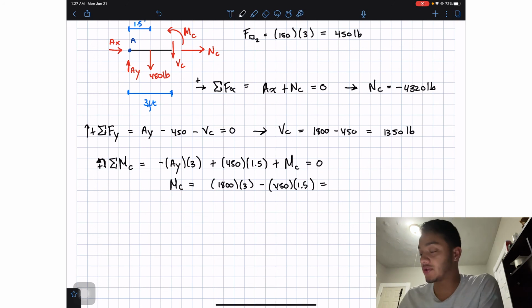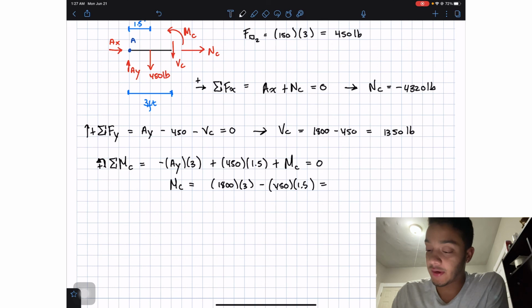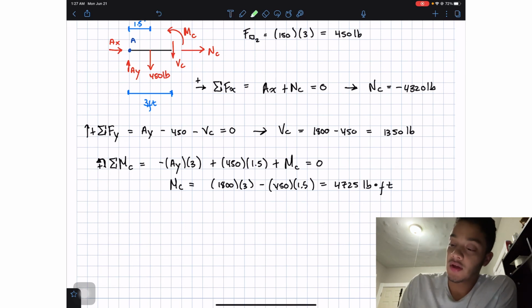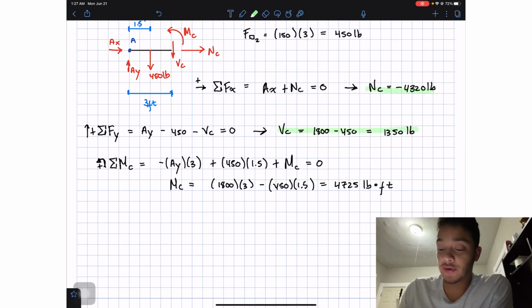If we plug this into our calculator, we will find that this is equal to 4,725 pounds-feet. Okay, so we got our internal normal force, internal shear force, and our internal moment.